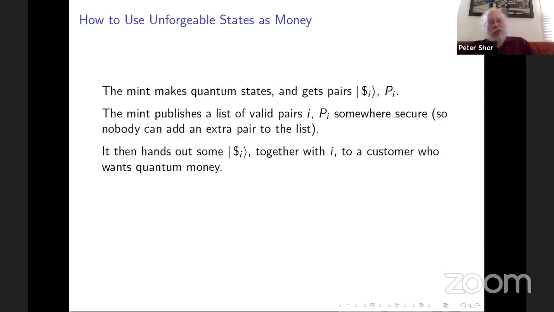Then it hands these quantum money states out to any customer who is willing to buy its quantum money. Now if someone wants to create new forged quantum money, they can do the same procedure the mint does, and they will get a random serial number, and it won't be on this list of serial numbers, so it won't be valid quantum money.